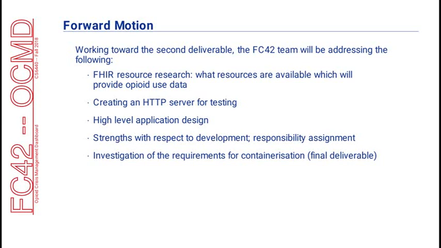Importantly, we need to take a look at what our developer strengths are and divvy up the development tasks based on strengths and weaknesses. And finally, we need to investigate how we're going to possibly containerize this for our final deliverable to our TAs at Georgia Tech.